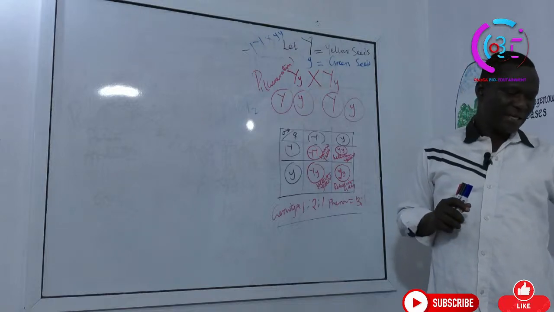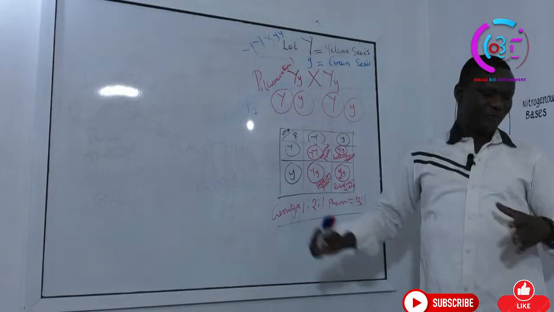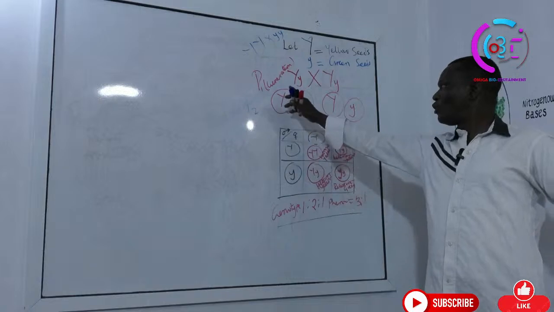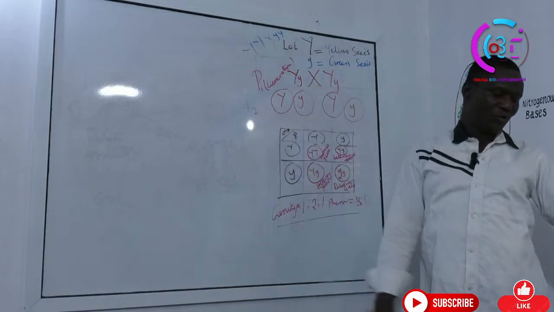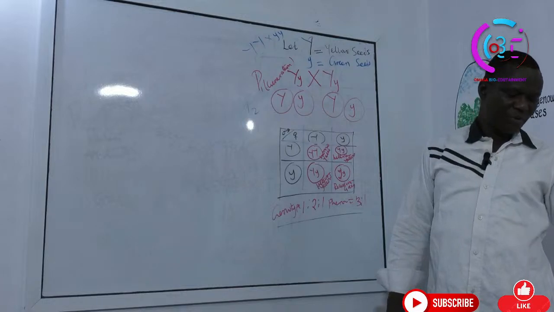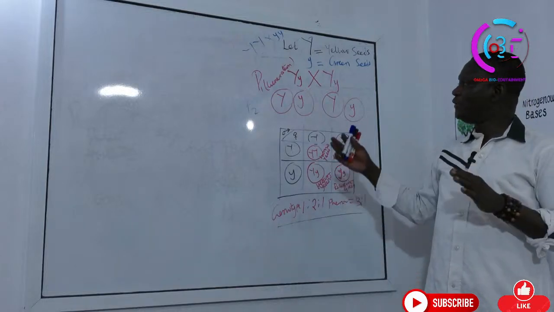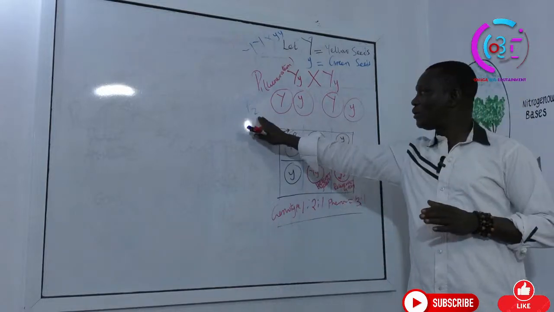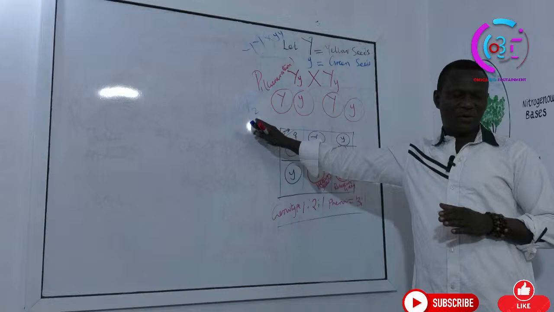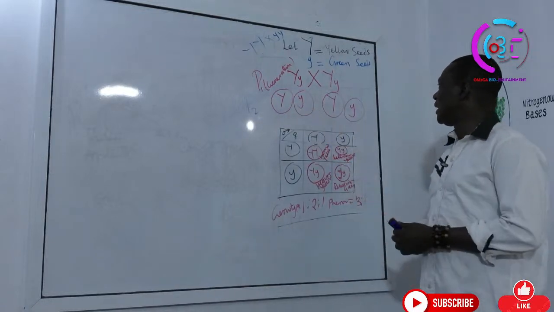So if you now cross them together, the whole of the first filial generation, I told you, all will be yellow, but they will be heterozygous yellow. And when you now cross F2, the second filial generation, it is like you are crossing heterozygous with heterozygous.